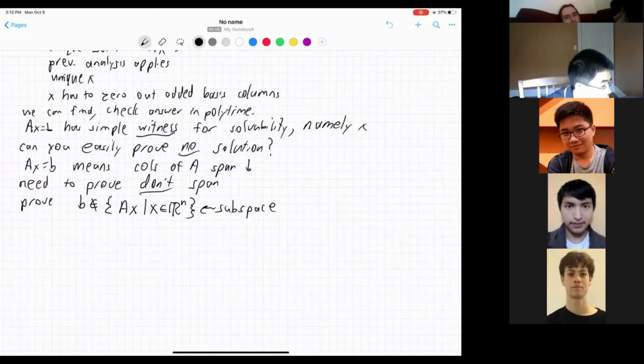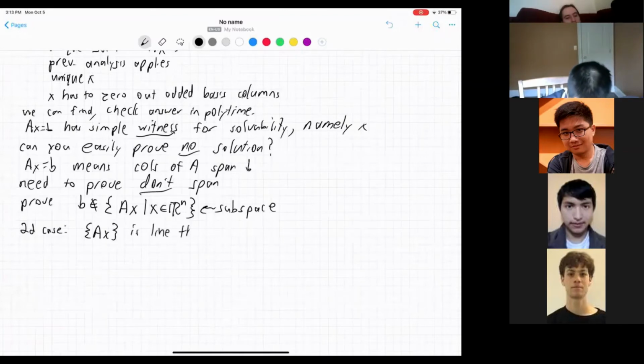So let's look at the 2D case of that. In the 2D case, the subspace AX is just a line through the origin.